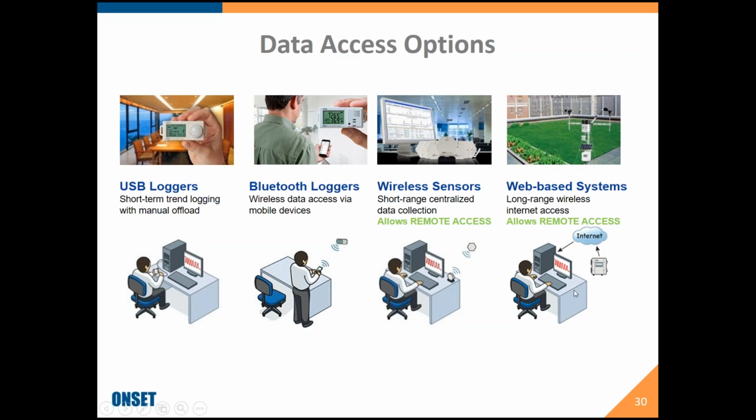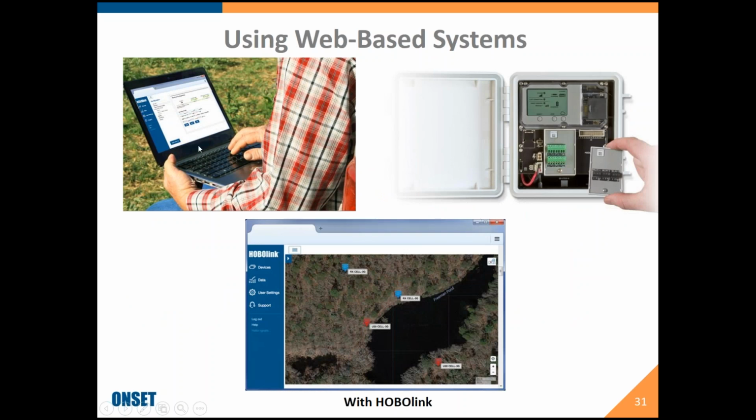And the stations actually upload that data on a regular basis. And then you, with a browser, can look at that data from anywhere in the world. So as long as you have a browser and access to the internet, you can look up the data that's on our server. And all of this works with HoboLink, the server application for the wireless loggers.